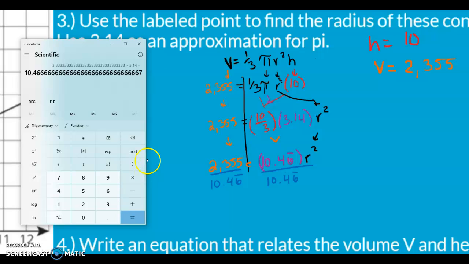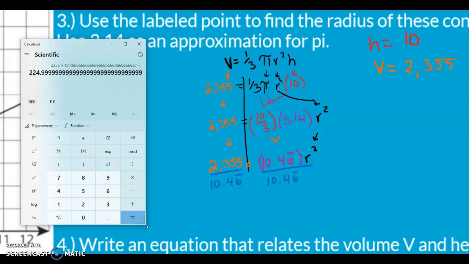If I do that, I'm actually going to copy this. Okay, I'm going to take my 2,355 divided by that number.